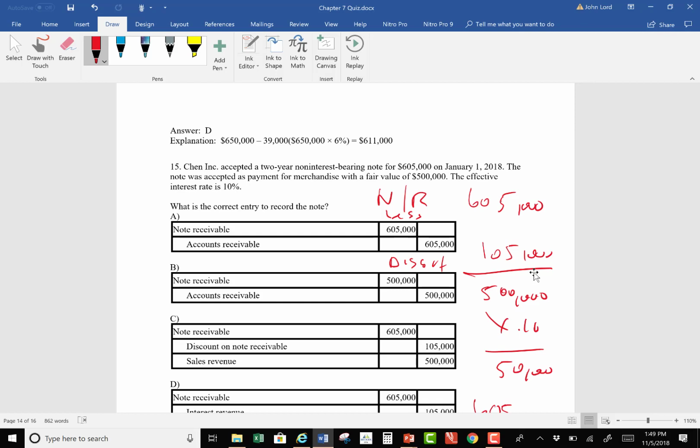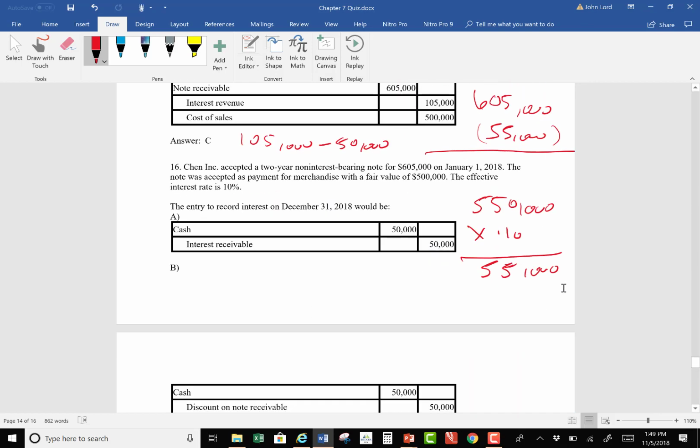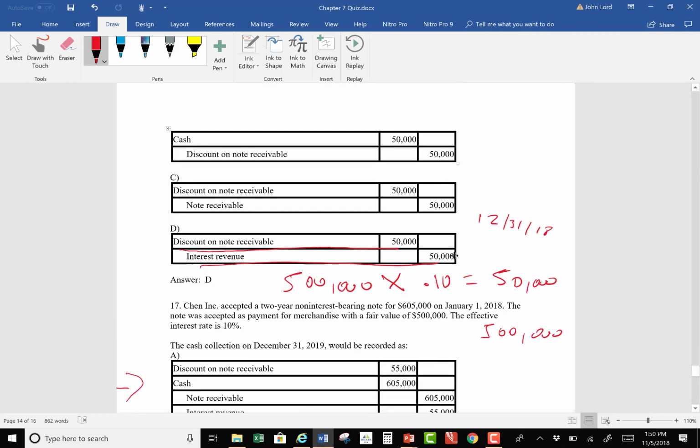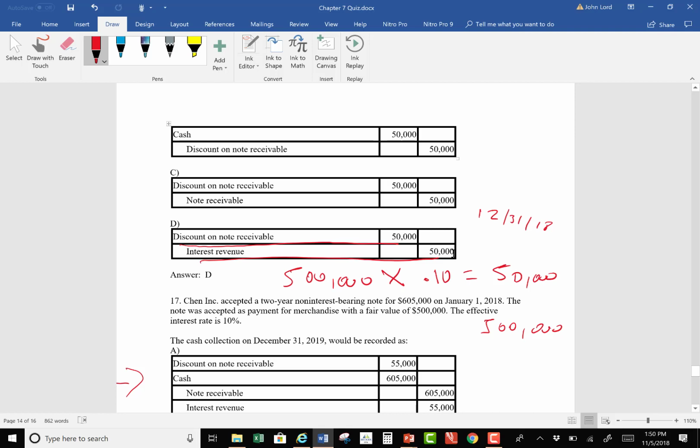Okay, so this is what they did when they recorded the note, choice C. Then at the end of year one in this scenario, which I guess was 2018, they took the interest revenue for year one by choice D, debiting the discount on the note, crediting the interest revenue, right? Based on the carrying value of that note, 500,000, the 50,000. So when they debited, the discount came down to, what did we say, 55,000? Balance.